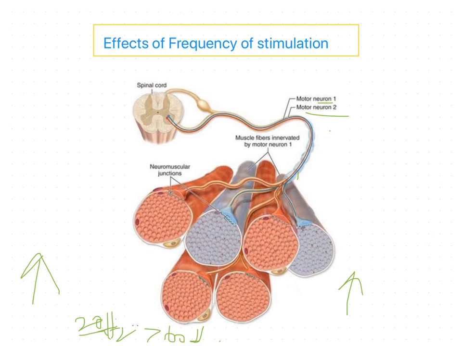If the current rises very slowly, as with trapezoidal, triangular and sawtooth impulses, there is some accommodation and a greater intensity of current is needed to produce a contraction. So these are the effects of frequency of stimulation as well as the strength of contraction.